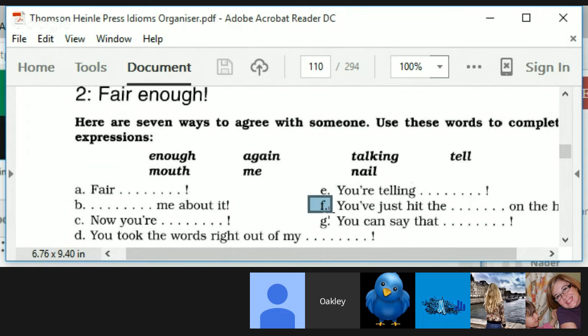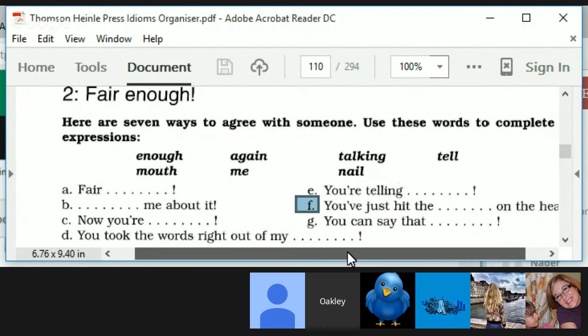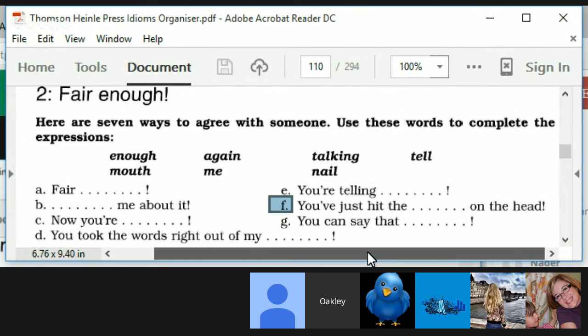Okay, how about F? "You just hit the nail on the head." Yeah, indeed. What is the idea here? Why would you say this? You reach the point.